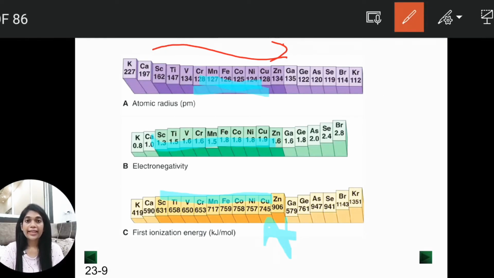That's why it is not easy to remove an electron from zinc.